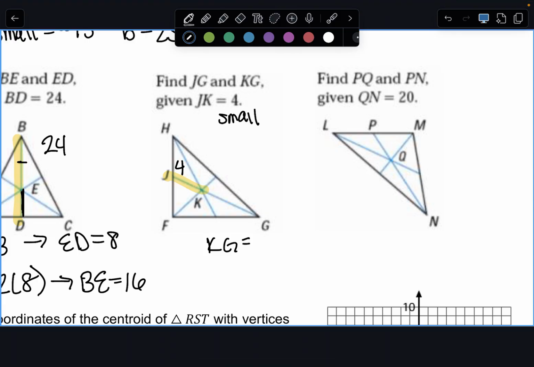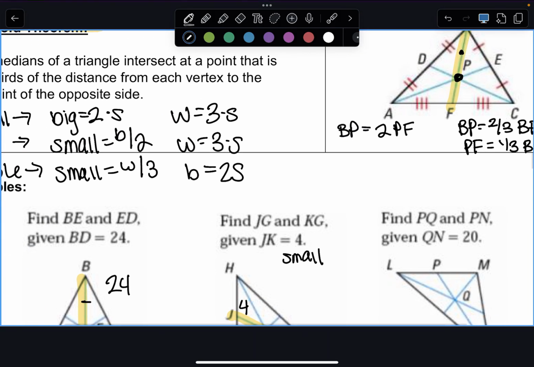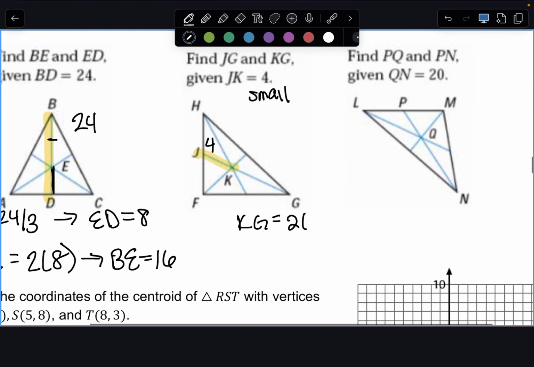How do we go from small to big? Multiply by 2. So 2 times 4, we get 8 for our big piece. For the whole thing, you have options.